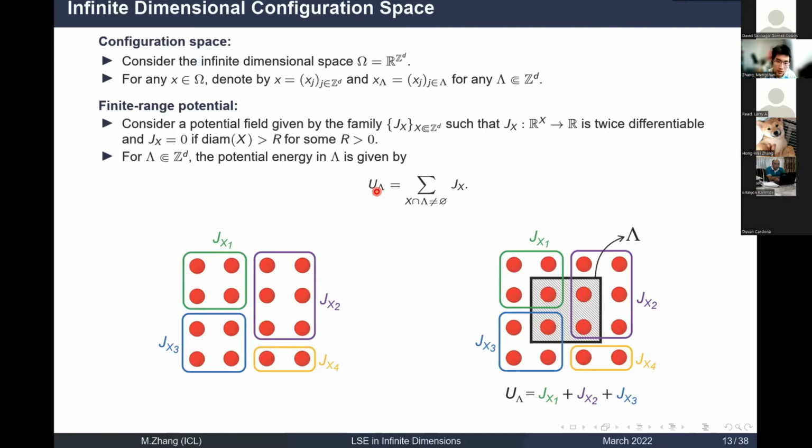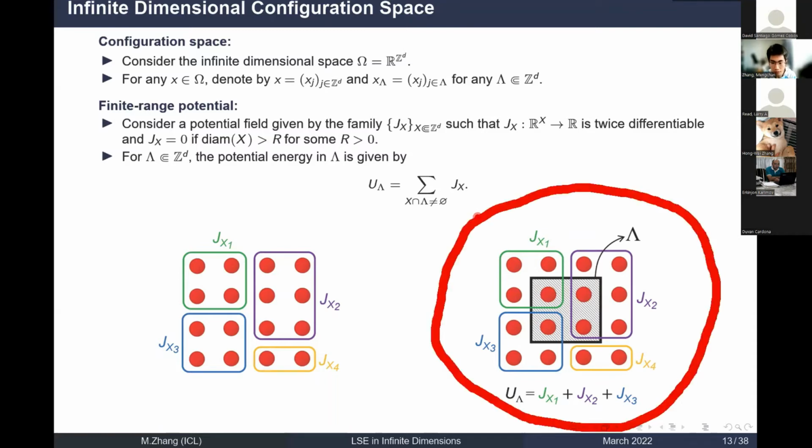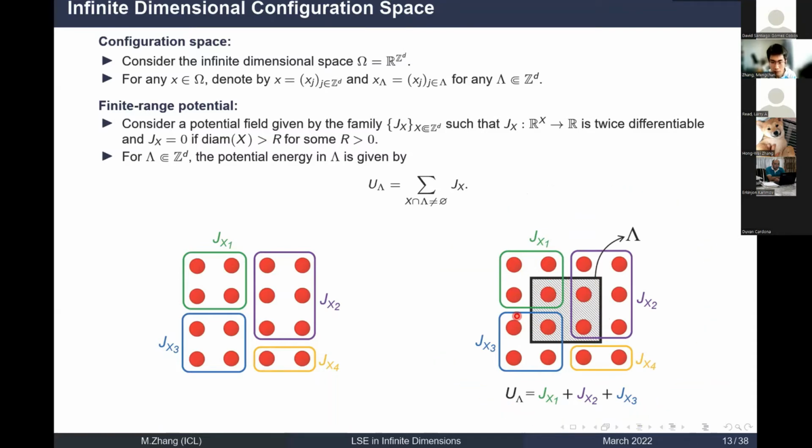In this case, our potential U_lambda is simply given by this form: if X has a non-empty intersection with lambda, then you add that G_X to your U_lambda. For example, lambda is this middle black square, and in this case your U_lambda is G_X1 plus G_X2 and G_X3. G_X4 is not in the sum because it's outside.